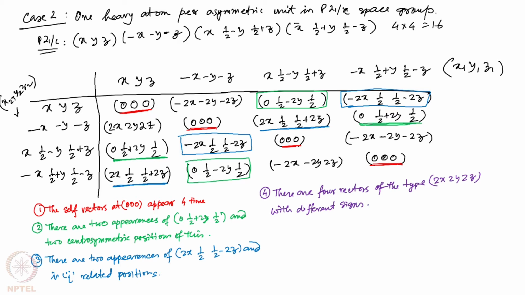Say for example, this is a 2x, 2y, 2z and its inversion related is minus 2x, minus 2y, minus 2z.